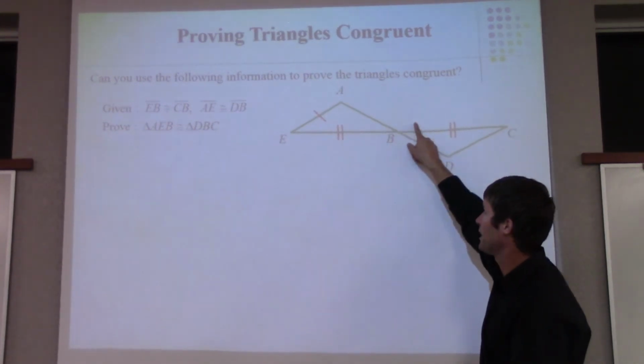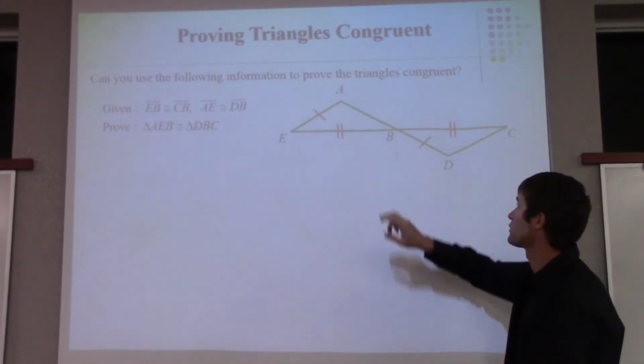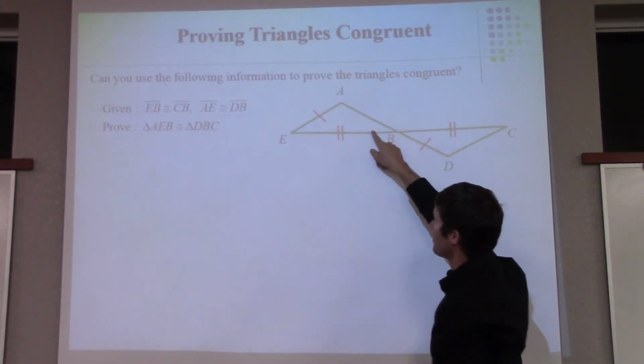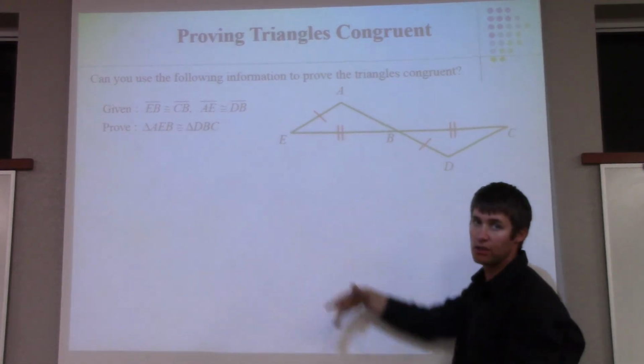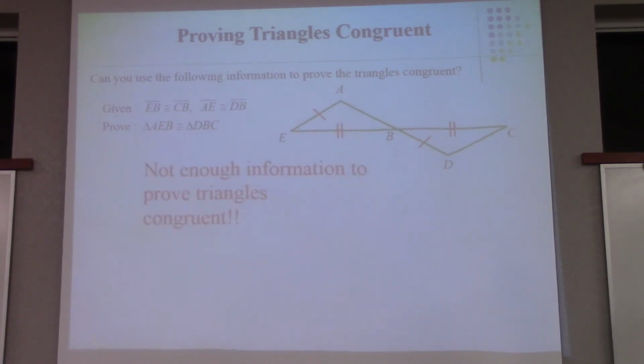What type of angles are these? These are vertical angles, so I could say that these two angles are congruent. Now, is this angle right here the included angle of these two sides? No. So there's not enough information for us to conclude that these two triangles are congruent by side, side, side, or side, angle, side.